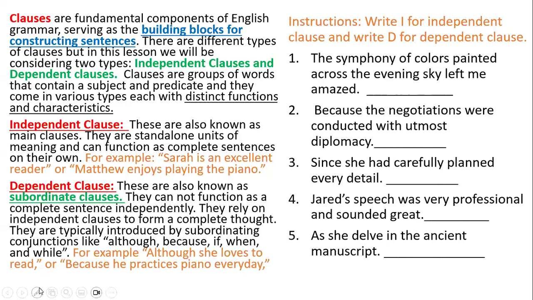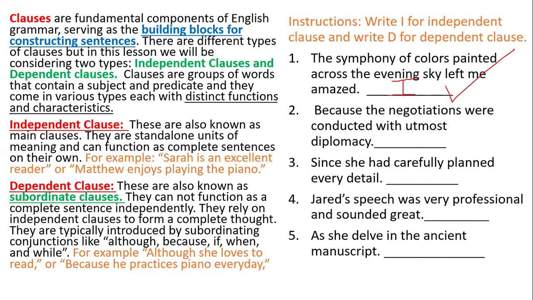The symphony of colors painted across the evening sky left me amazed. Very good. What do we have for this one, Albert? I. Very good. Did anyone else have I for number 1? I did. The rest of you, did y'all have I for this one? I had I. Very good.